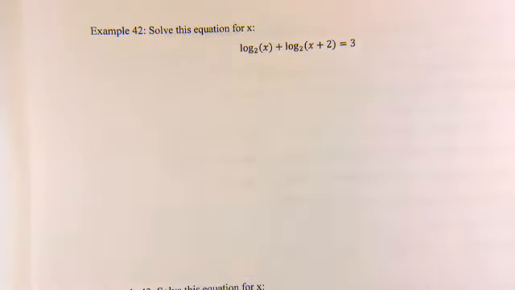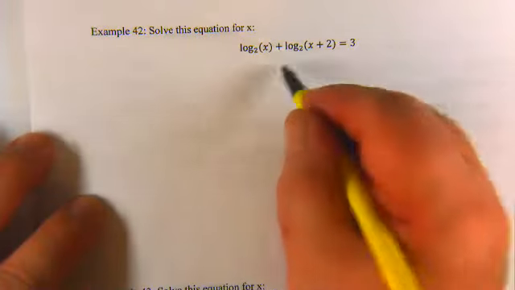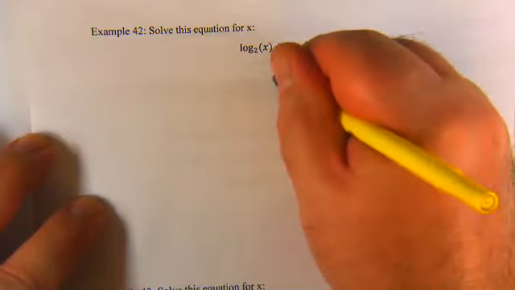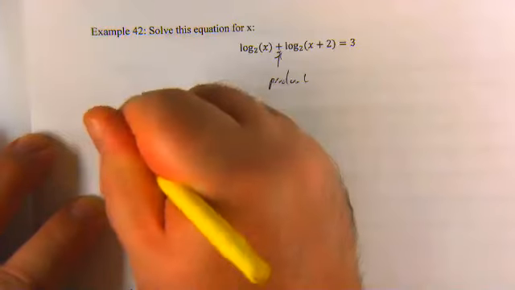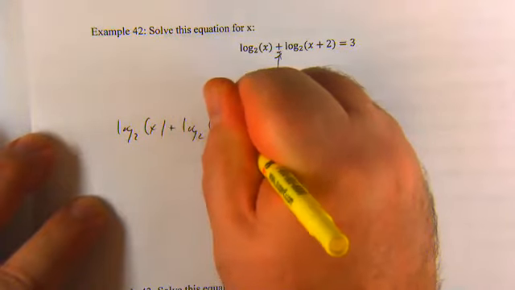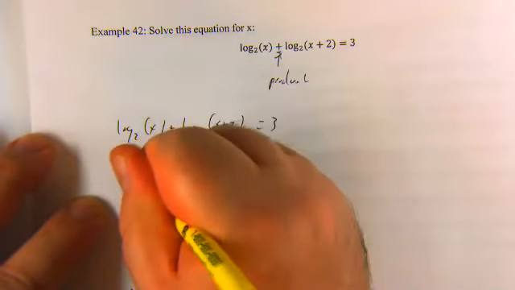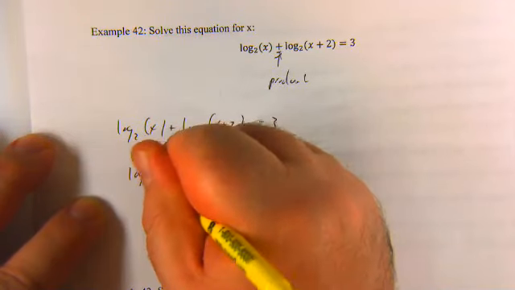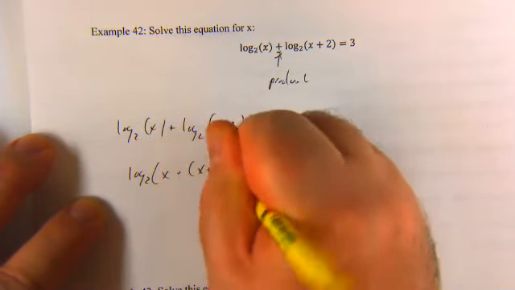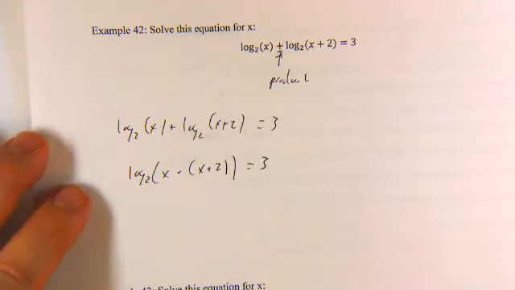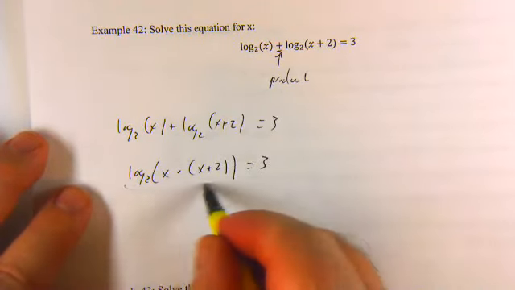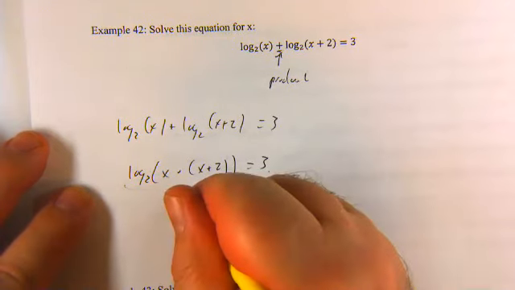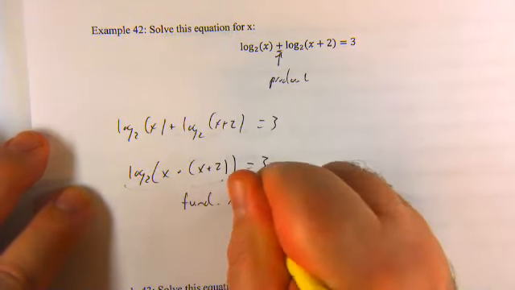Here's another one. Solve this. Log base 2 of x plus log base 2 of x plus 2 equals 3. Again, a plus, that means we can turn this into a product. So it can become log base 2 of x times the quantity x plus 2 equals 3. And because this is now in log equals something, we can use the fundamental rule again.